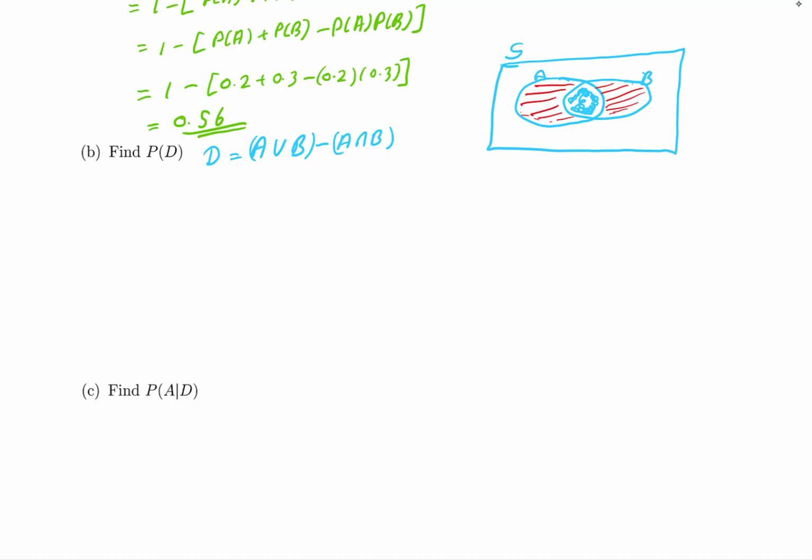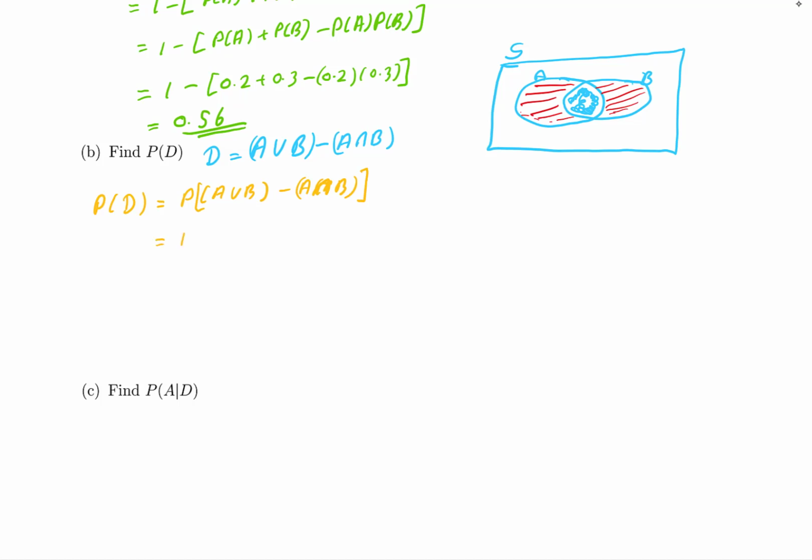Now they are asking the probability of D. Probability of D equals probability of A union B minus A intersection B. So then how do we do this?